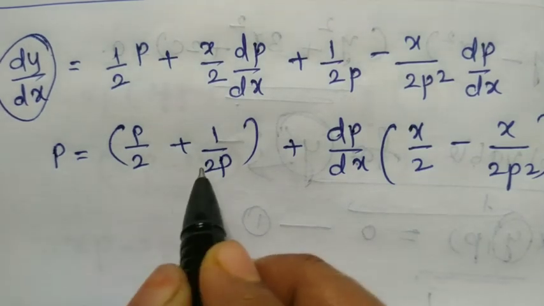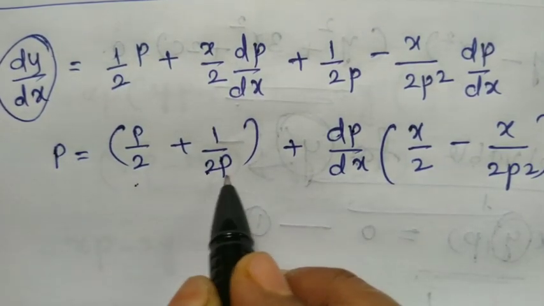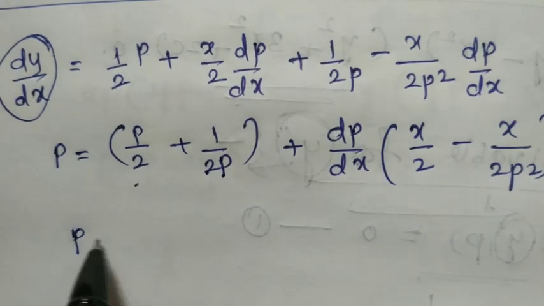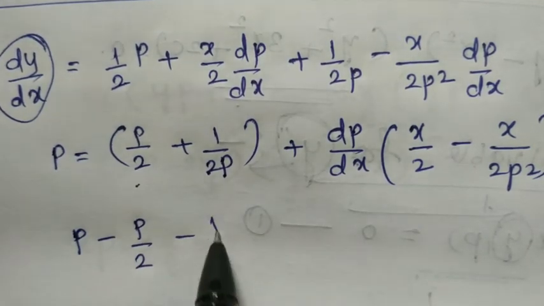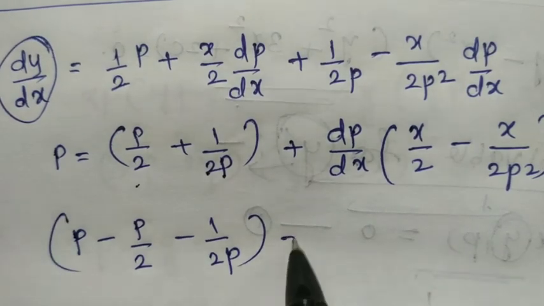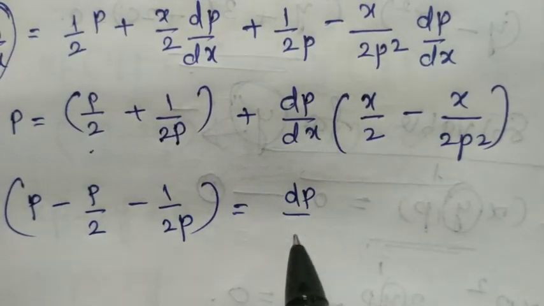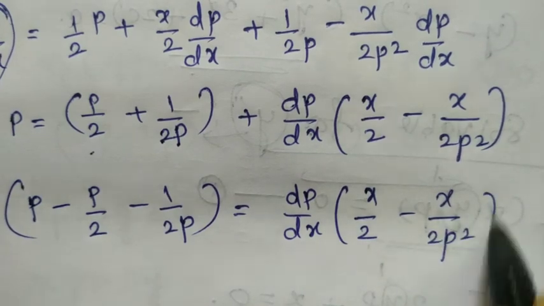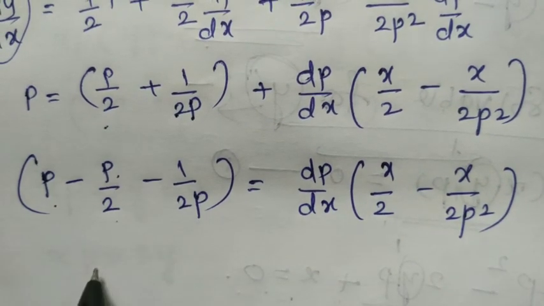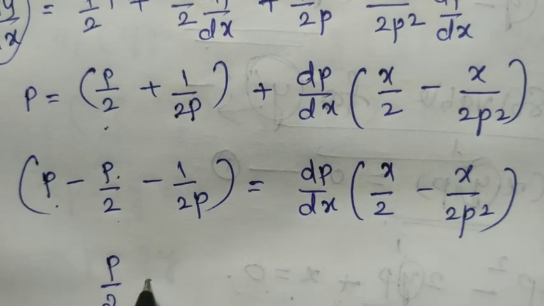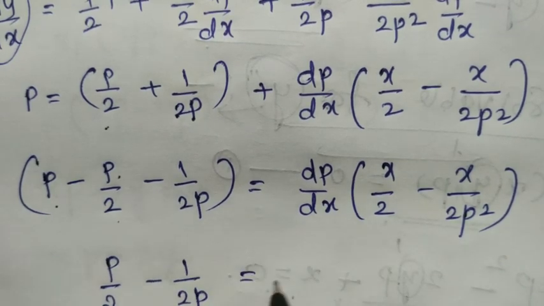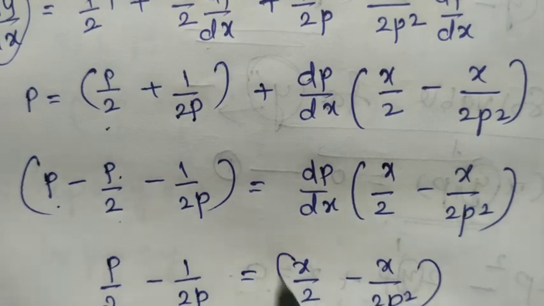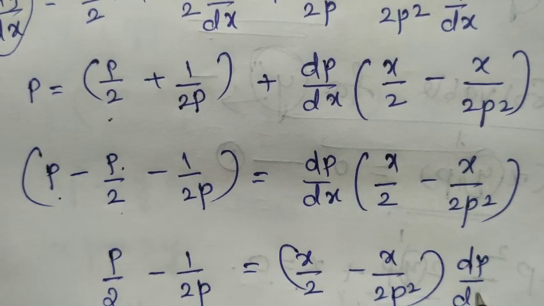So p minus p by 2 minus 1 by 2p equals dp by dx of x by 2 minus x by 2p square. Here p minus 2p by 2 is p by 2, minus 1 by 2p equals x by 2 minus x by 2p square into dp by dx.